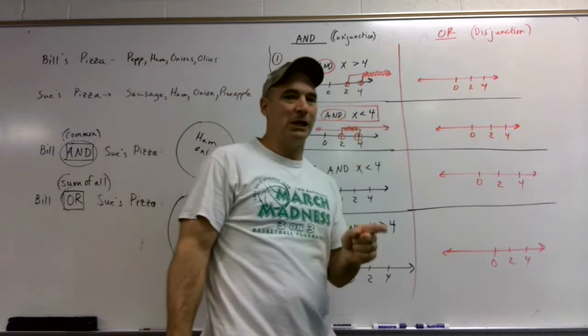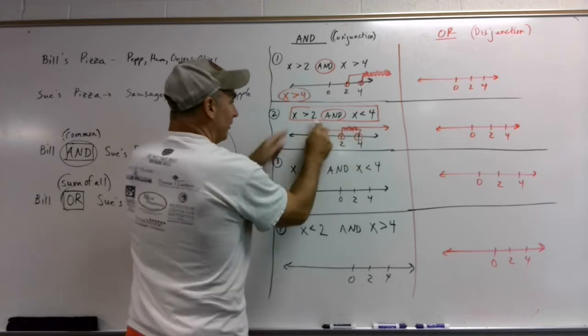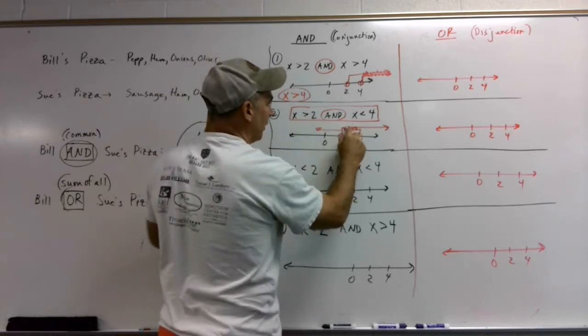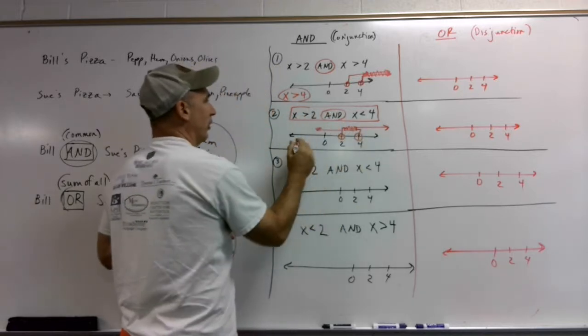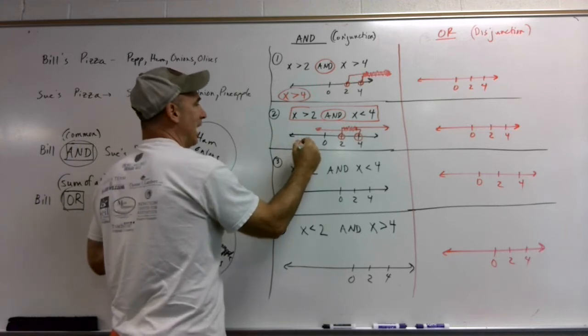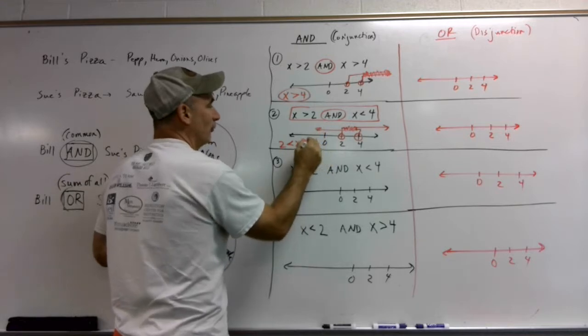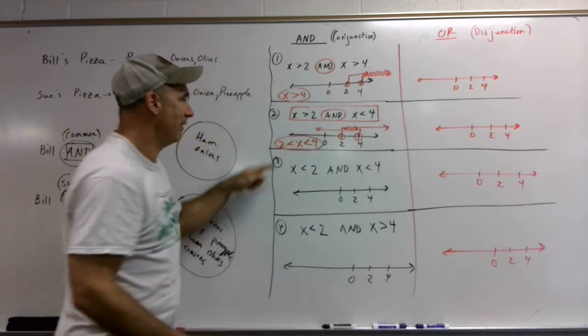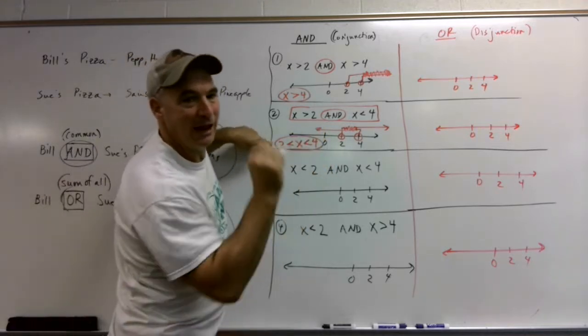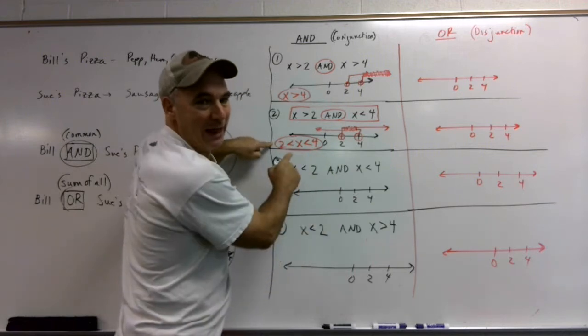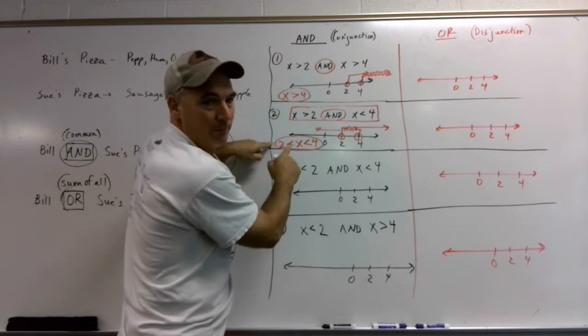And that's very unique because this language explains this space. However, we could also use this: x is greater than 2 and it's less than 4. So if you see something written like that, there's an implied and in that language. So you just have to be aware of that.